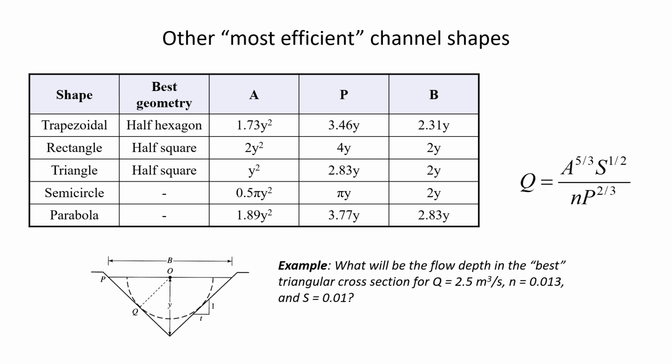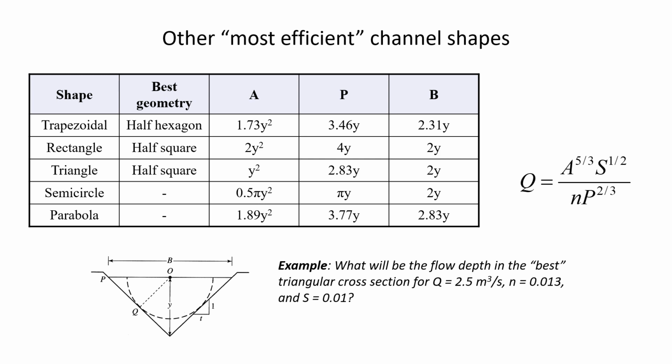And then the slope here, 0.01 to the power of 1/2, is divided by n, so 0.013, and then multiply that by the wetted perimeter, which is, for a triangle, 2.83 times y to the power of 2/3, and then we're setting this equal to the flow rate, 2.5 cubic meters per second.